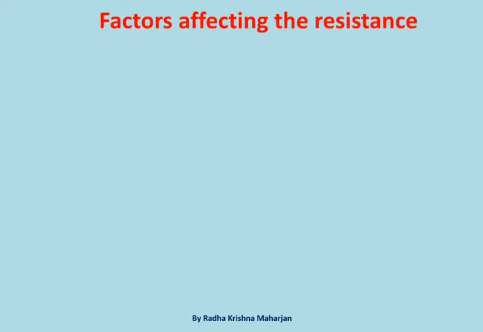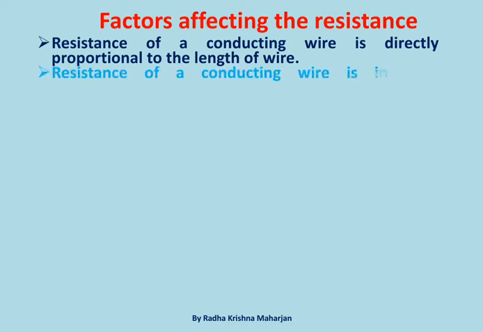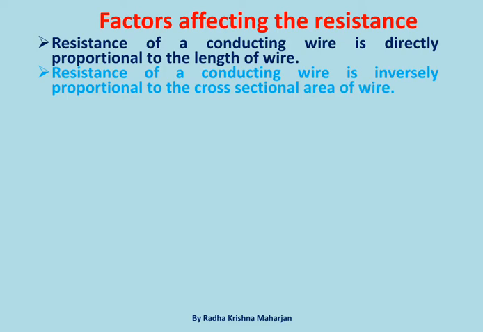Factors affecting the resistance. Resistance of a conducting wire is directly proportional to the length of wire. Resistance of a conducting wire is inversely proportional to the cross-sectional area of wire.